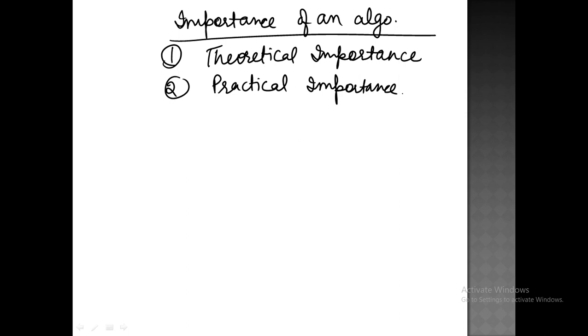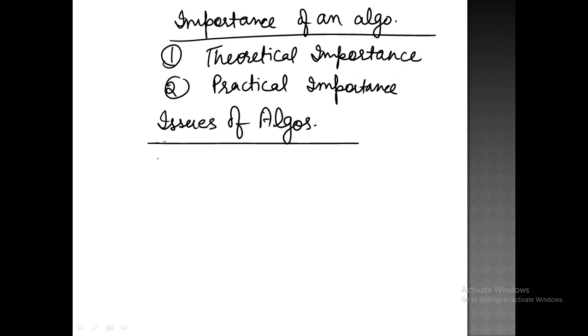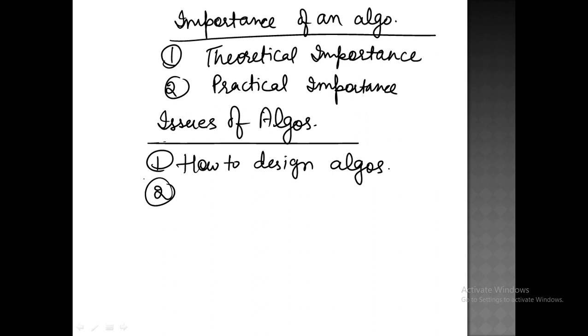Now, what are the issues which we face when we design an algorithm? Issues of algorithms. First issue we will face, how to design an algorithm. This is the first issue which we will face when we make an algorithm.